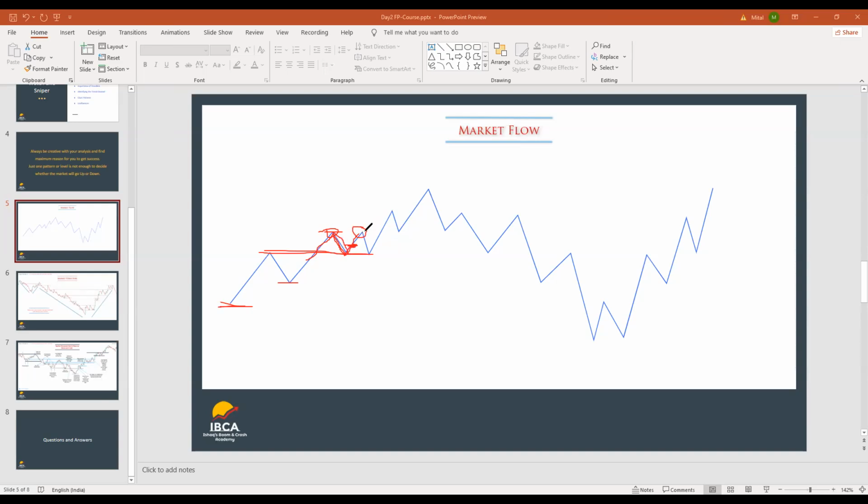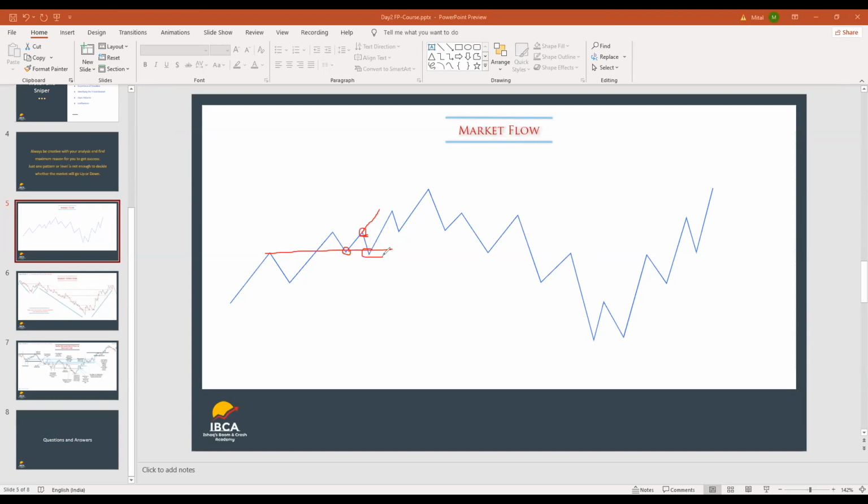So the market will definitely make a correction here, correct? Market will definitely make some correction at this point. If it doesn't, then you are in a continuation trend. But if it does, then you exit here and wait for the market to give you another sign.